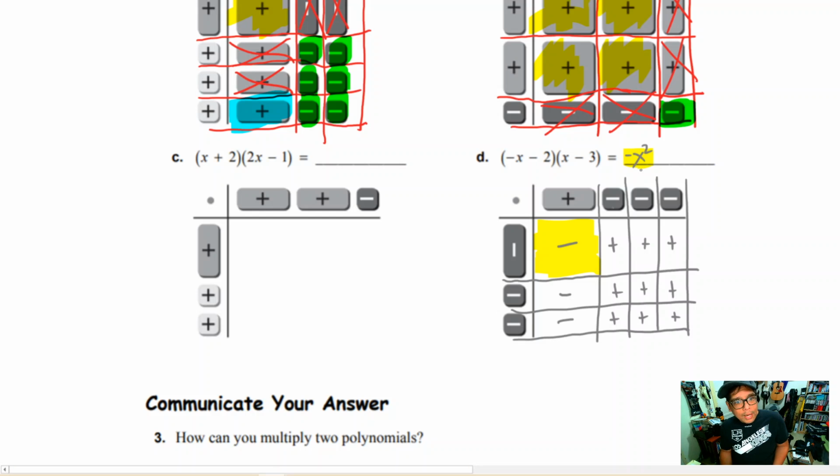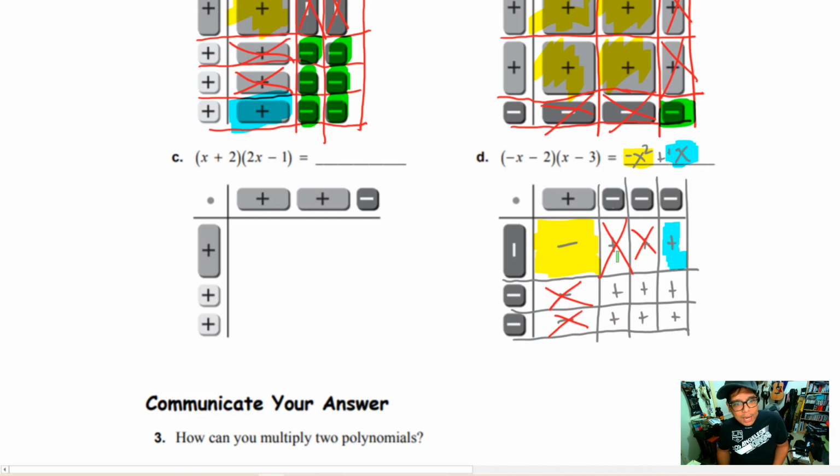And then I'm going to take a look and see I've got zero pairs. This guy is a zero pair with this guy. This positive x is a zero pair with this negative x. And I'm just left with one lone positive x tile. So we're going to say plus a positive x tile.